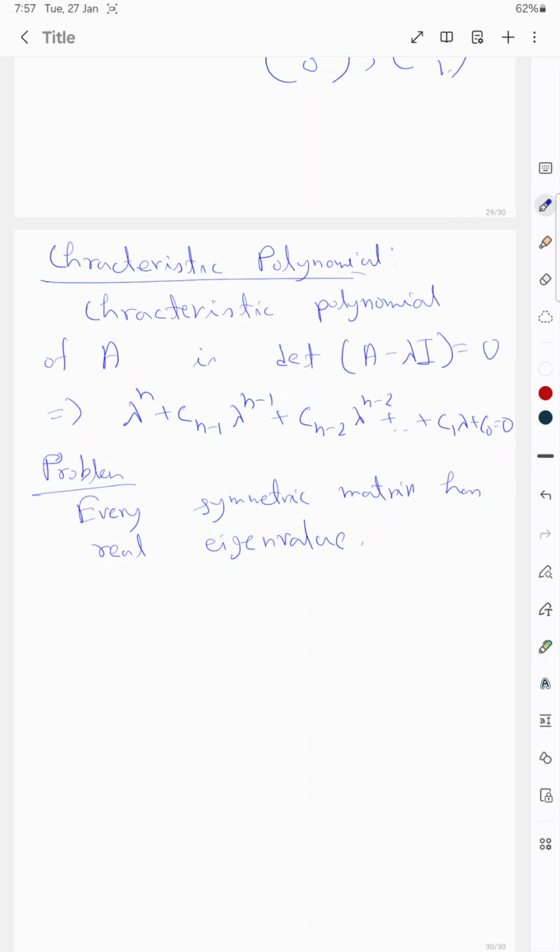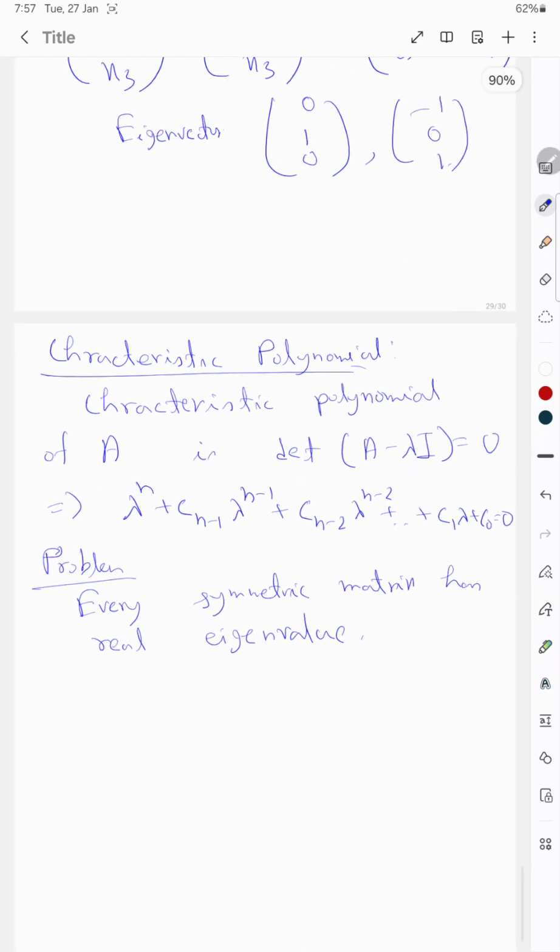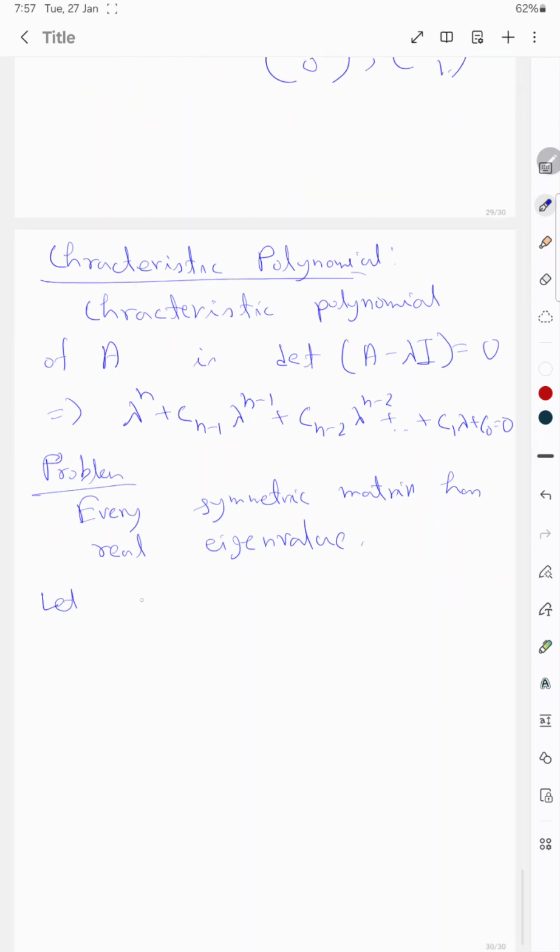So how to prove? Basically, let lambda be the eigenvalue. If possible, let lambda belong to C, that means a complex number.